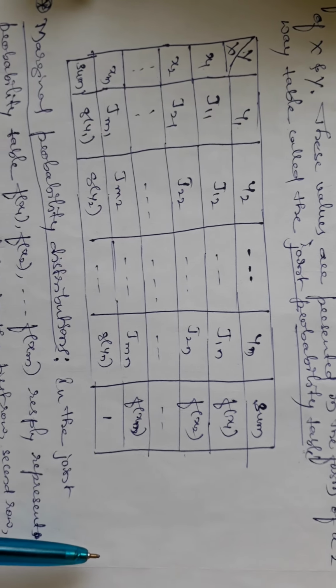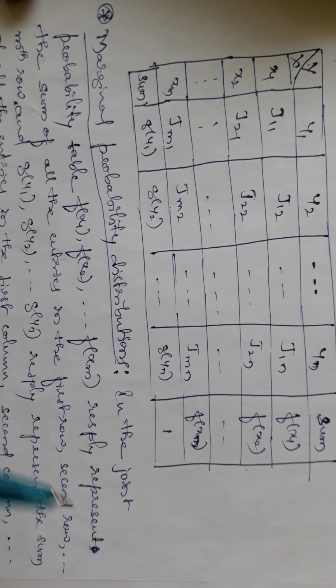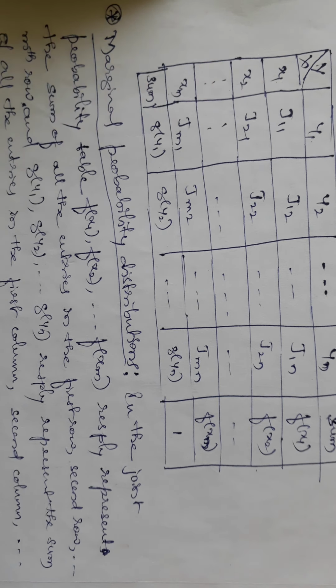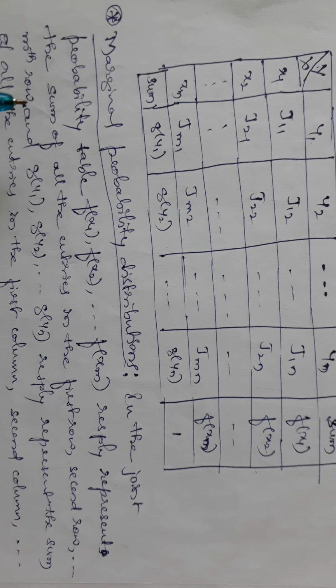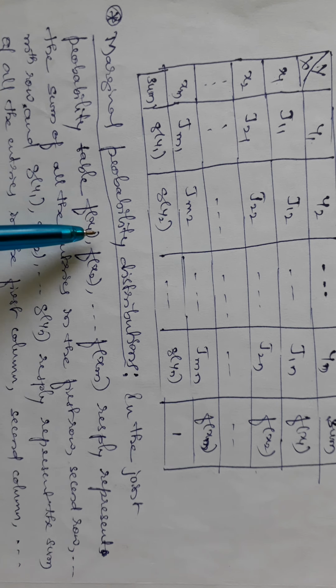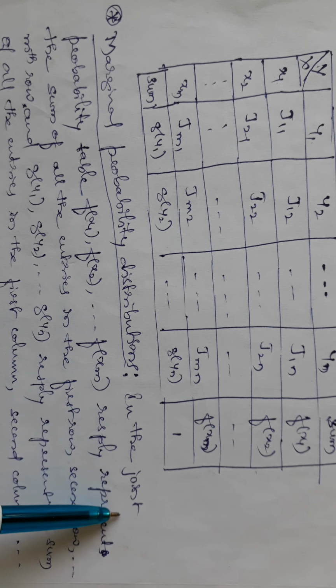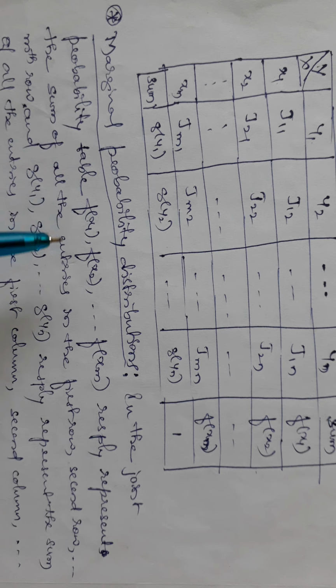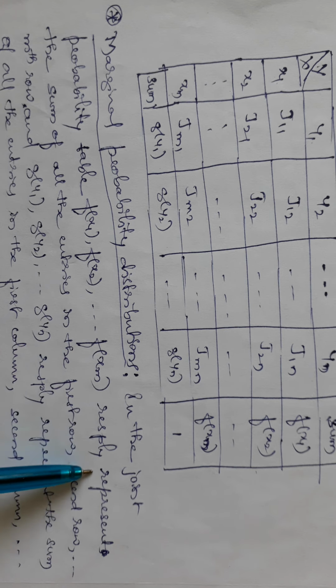This is the condition. Now we can look at the marginal distribution, the marginal probability distribution. In the joint probability table, f(x1), f(x2), and so on up to f(xm) respectively represent the sum of all the entries in the first row, second row, and so on up to the mth row.